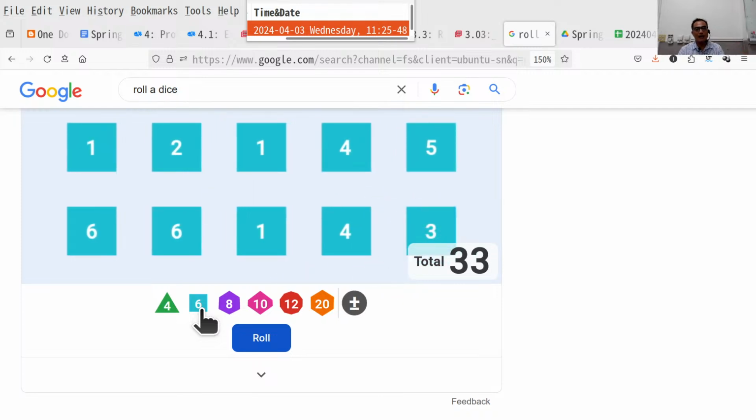I get how many 6s on the screen? 1, 2. I click for 10 times, and sure, I can set up a simulation by programming. Then I can do the experiment by the computer, to throw it maybe 1,000 or 1,000,000 or 1,000,000,000 times, and show the probability of getting a 6.